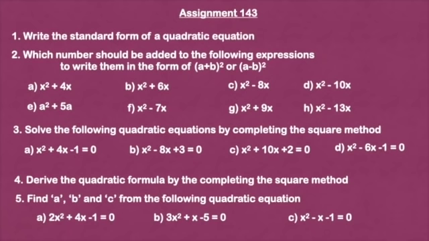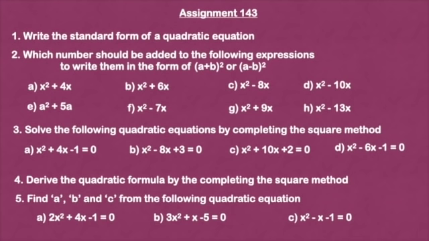Assignment number 143. First question. Write the standard form of a quadratic equation. Second question. Which number should be added to the following expressions to write them in the form of a plus b whole square or a minus b whole square? You have to add and write in that form.